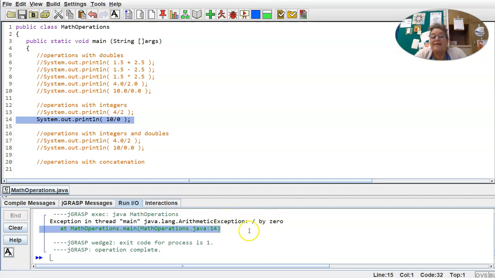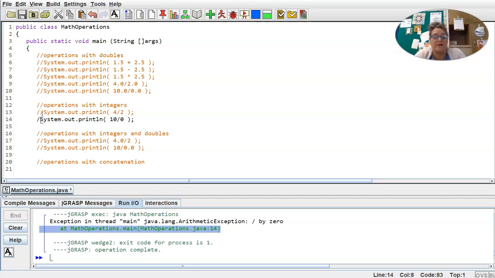So we can't divide by 0 when we're dividing integers, but we can divide by 0 in Java when we're dividing doubles, right? That will compile and run, and it'll output infinity as the solution, since that's an undefined answer. But for integers, Java says, no, you can't divide by 0, so this won't even compile.